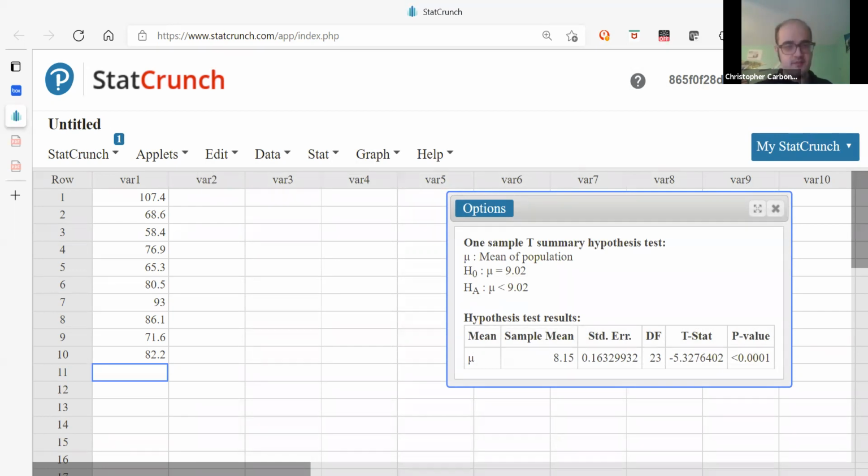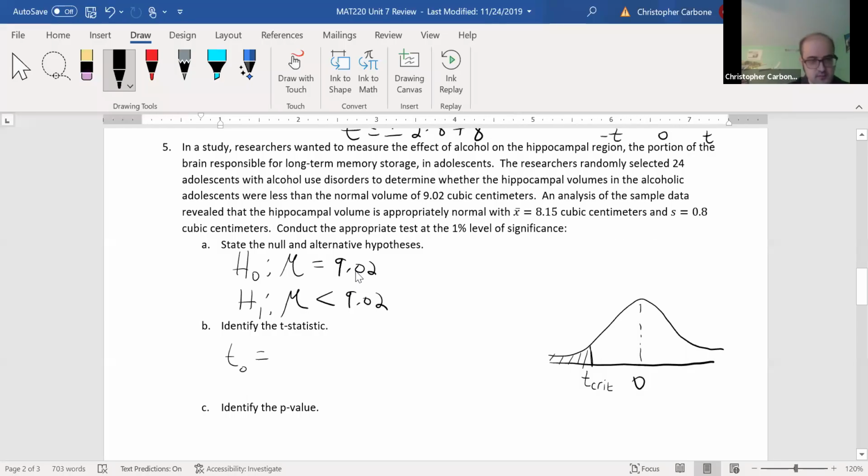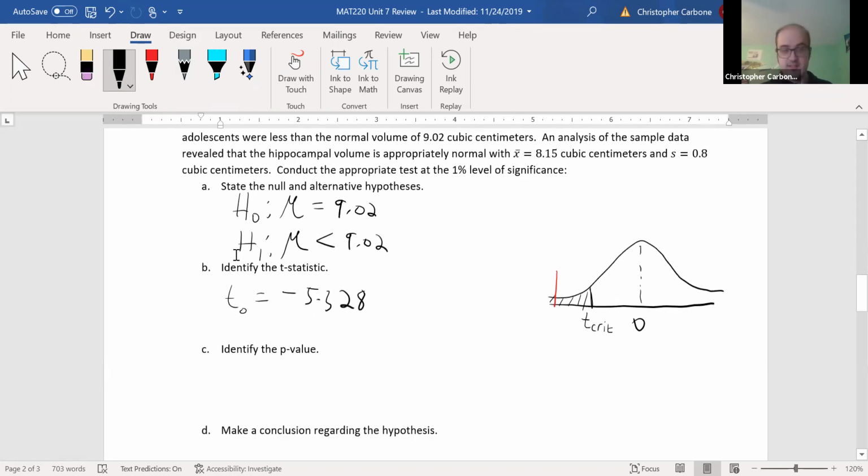But on the test, they'll make you round that to 3 decimals. The test statistic here is negative 5.328, which indicates it falls within our critical region, so in this case, sufficient evidence.